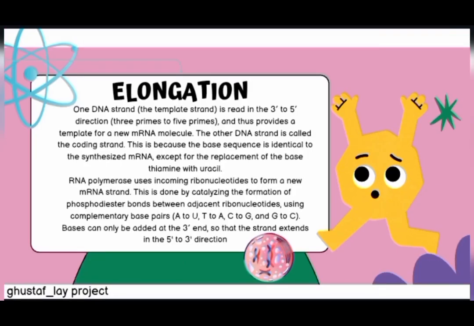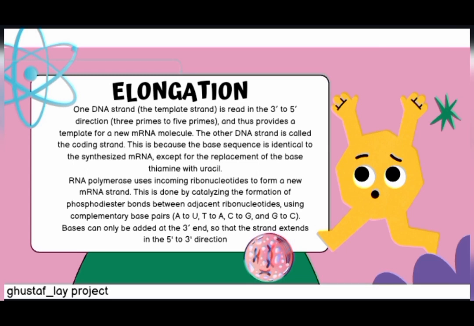Elongation. One DNA strand, the template strand, is read in the 3' to 5' direction, and thus provides a template for a new mRNA molecule. The other DNA strand is called the coding strand. This is because the base sequence is identical to the sequence of the mRNA, except for the replacement of the base thymine with uracil.